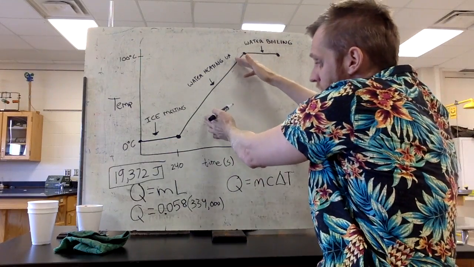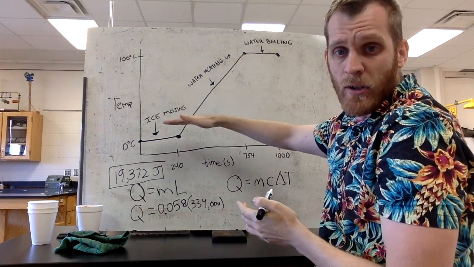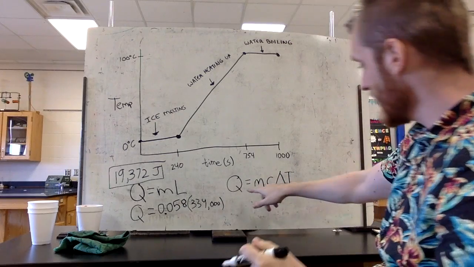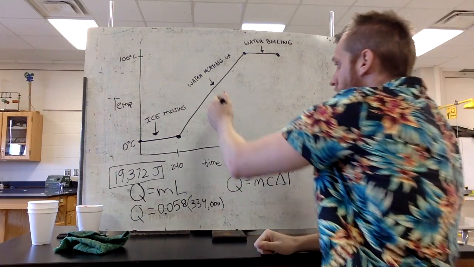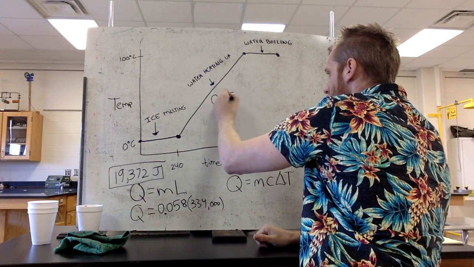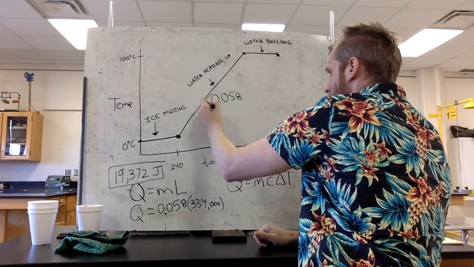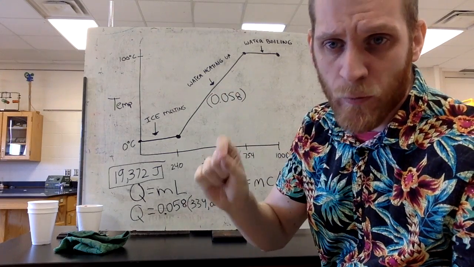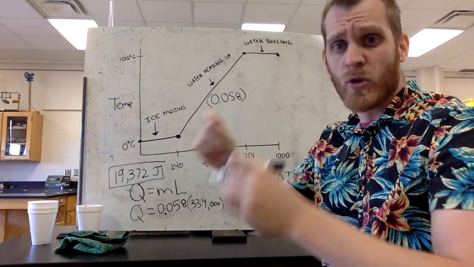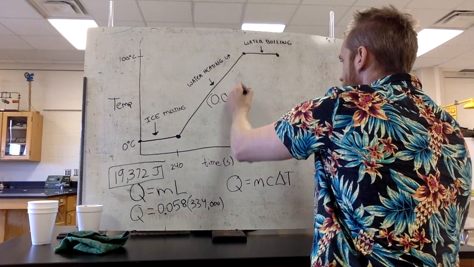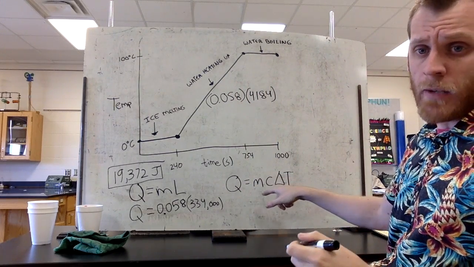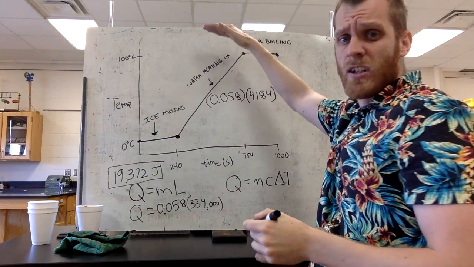Now I want to figure out how much energy it takes to go from 0 degrees Celsius water to 100 degrees Celsius water. And that equation I have to use is Q equals mc delta T. So Q equals m, so the mass of the water was 0.058, multiplied by c. Now the specific heat of water is 4,184 joules per kilogram Kelvin. And the temperature change of the water, it went from 0 degrees Celsius to 100 degrees Celsius.